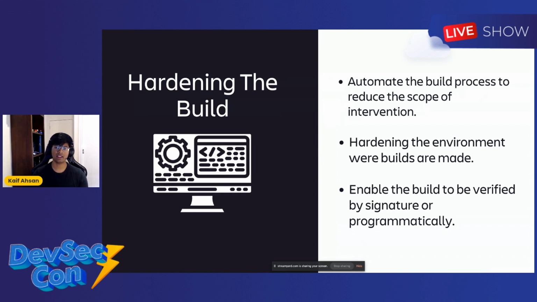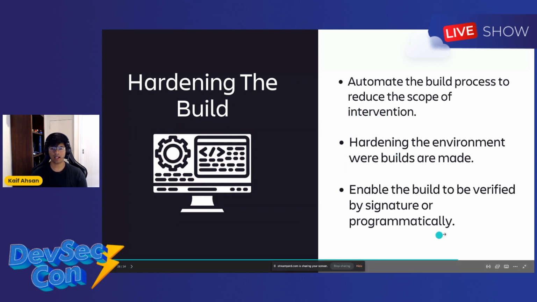And it's not just the build process. SLSA focuses on the environment as well. By making the environment isolated from the internet, making it short-lived, and a few other tactics, you can really harden the environment where your software is being built and packaged. And it's not just the hardening of the build process and the package.